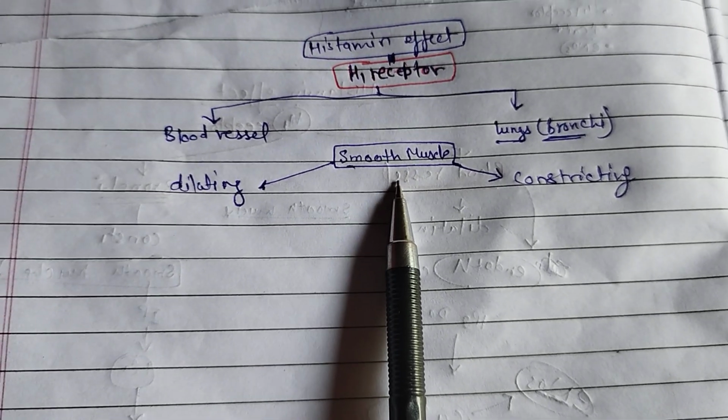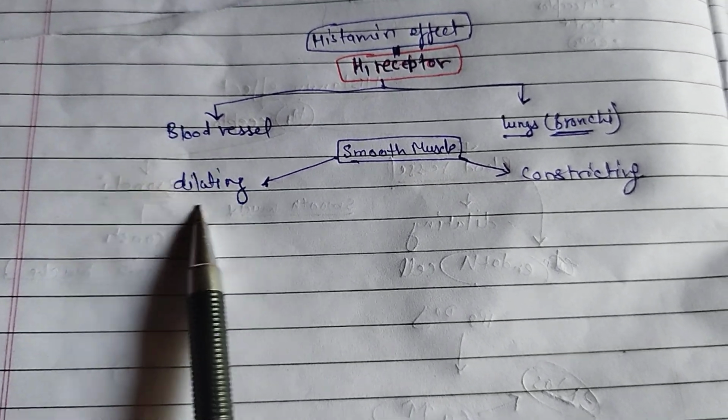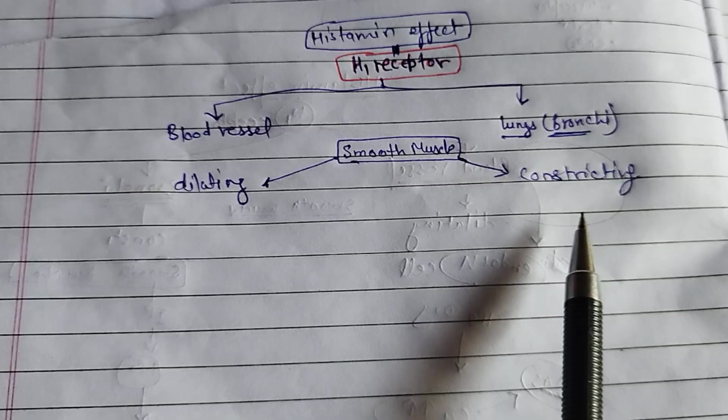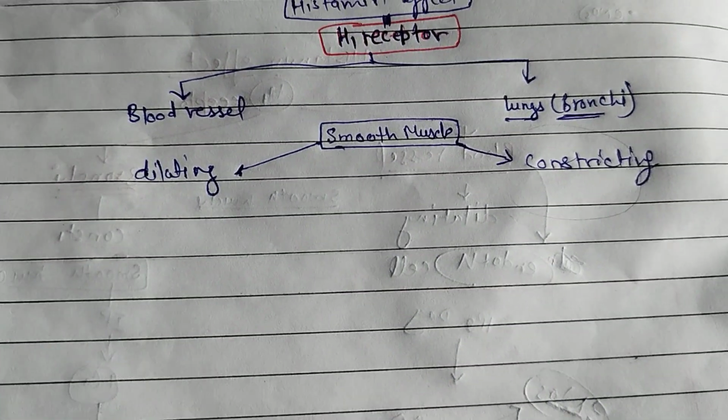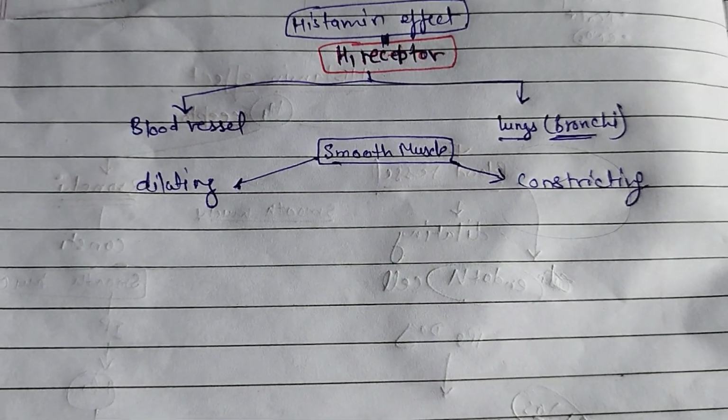The smooth muscles in blood vessels get dilated, and in lungs they get constricted. You must be wondering how it is happening, so let me tell you.